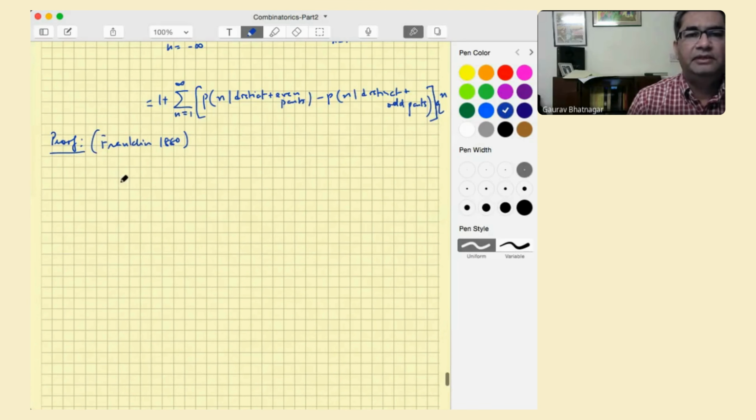So what he does, the basic idea, is he makes an involution.